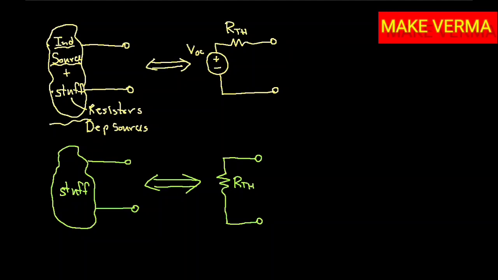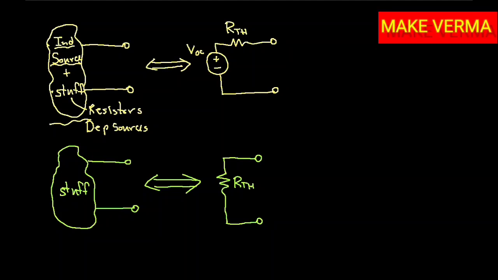Then I can replace the whole amplifier with just a single source and a single Thevenin resistance. This makes life easy when I need to interface the output of this amplifier to other things. I also might use this to model a sensor or a transducer that has a whole bunch of internal components, perhaps, but I can model it as a single source plus a resistor.